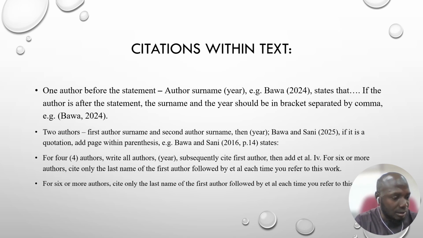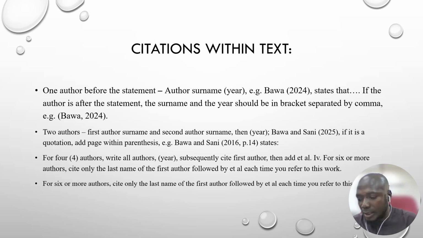Okay, for example, I use my name, Bawa 2024, states that, or suggests that, or found that. So you see the author comes first. You write Bawa, then a space, then open the bracket, write the year, close the bracket, and write a comma, states that.